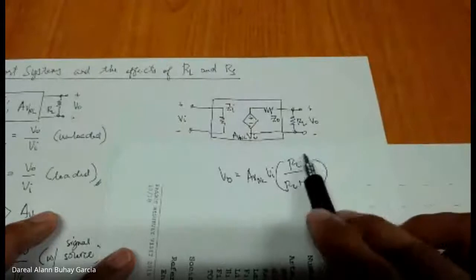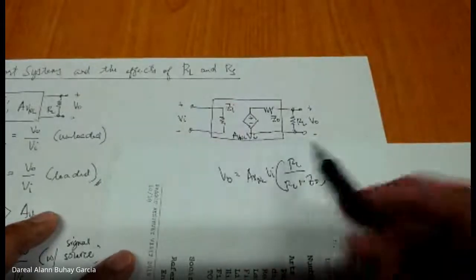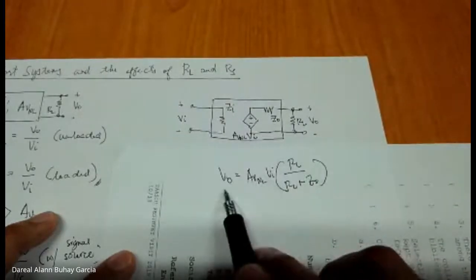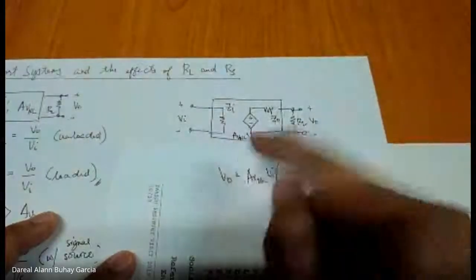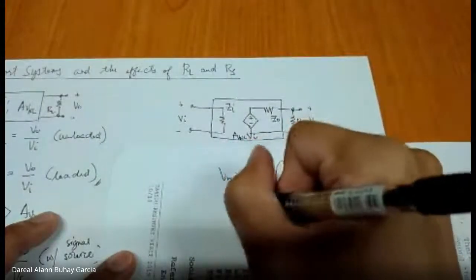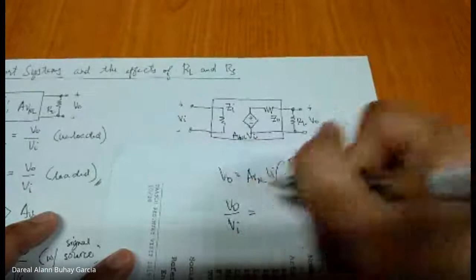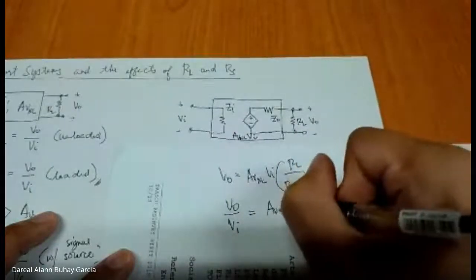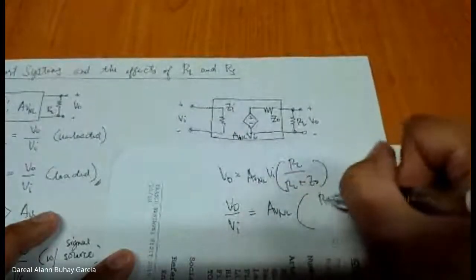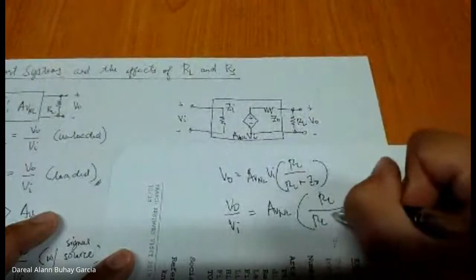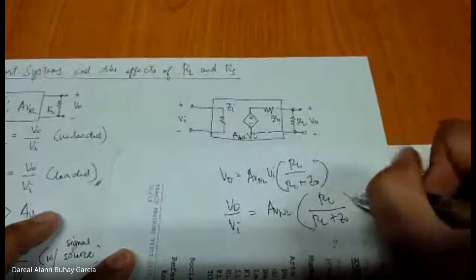So it's a simple voltage divider, no? We just need to divide or transpose it to the left-hand side. This being VO over VI is equal to AV NL times RL over RL plus ZO.